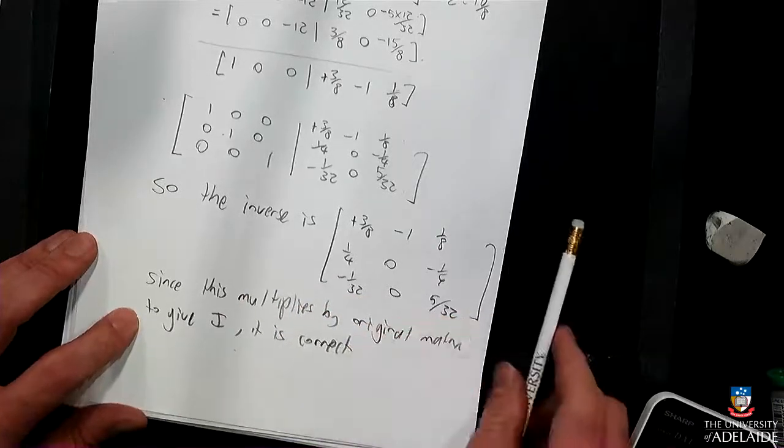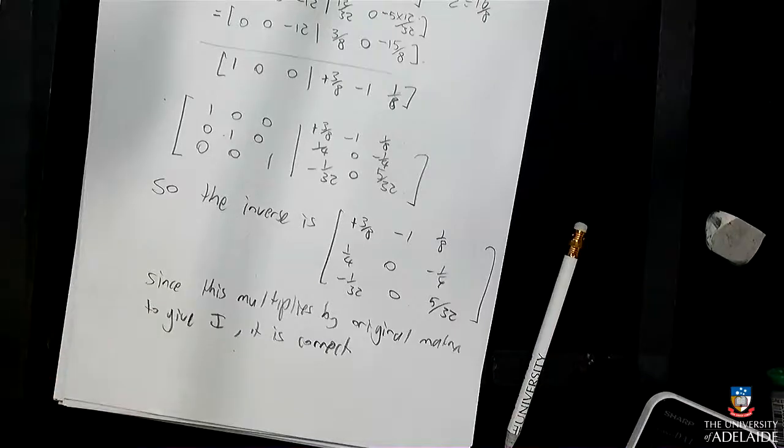So I should say that if you're ever given a maths assignment or an exam where you're asked to find an inverse, there is no excuse to hand in something that's wrong, because you can always check it yourself. And so if you've checked it, you will be able to go and find the answer.